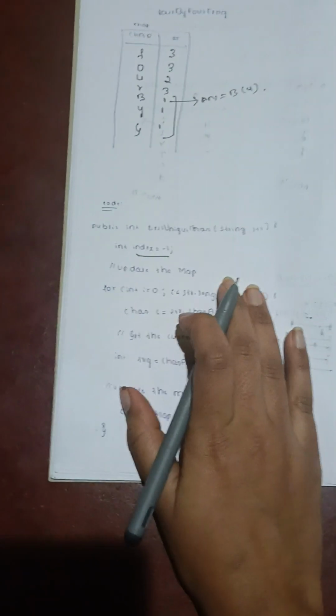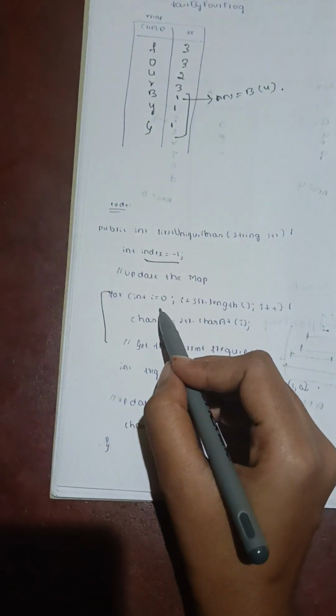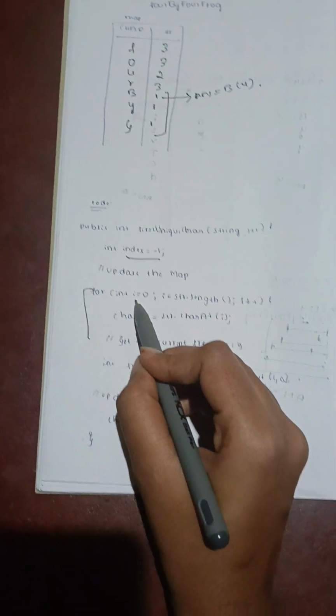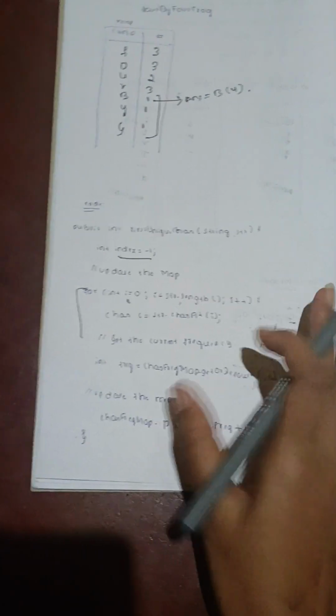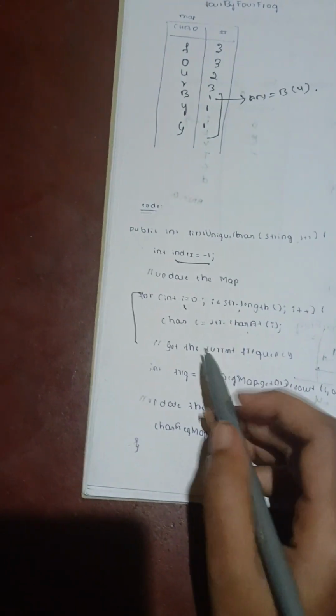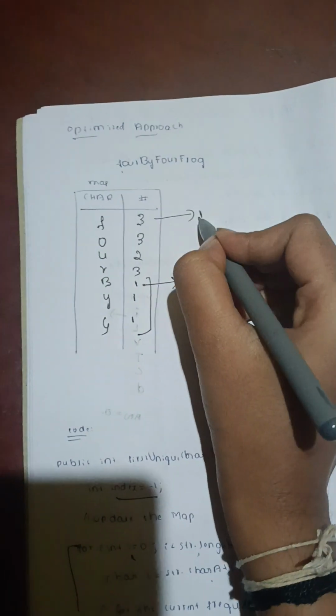Then we update the map. We use a for loop, initializing i equals 0, up to the length of the string, then updating it. Then we use the character at i, and after that get the current frequency. For example, first F is found once, so the frequency is 1.